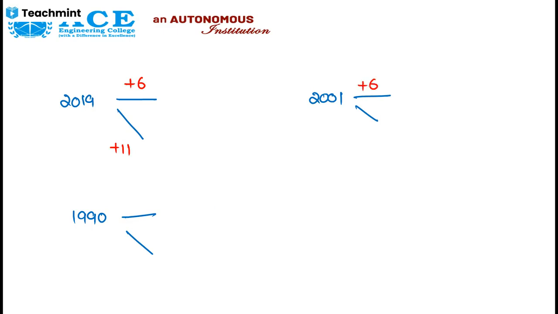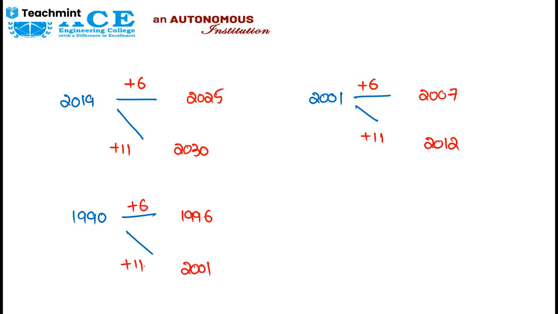This is the shortcut, but you have terms and conditions. +6 and +11: 2025, 2030. 2007: 2012, 2013. 1996, 2001. Perform +6 and +11 and hold on.